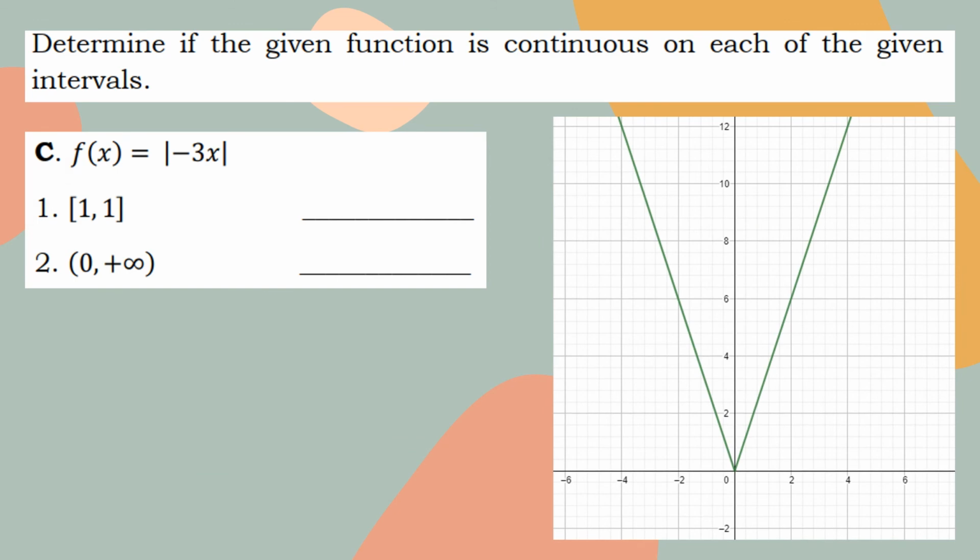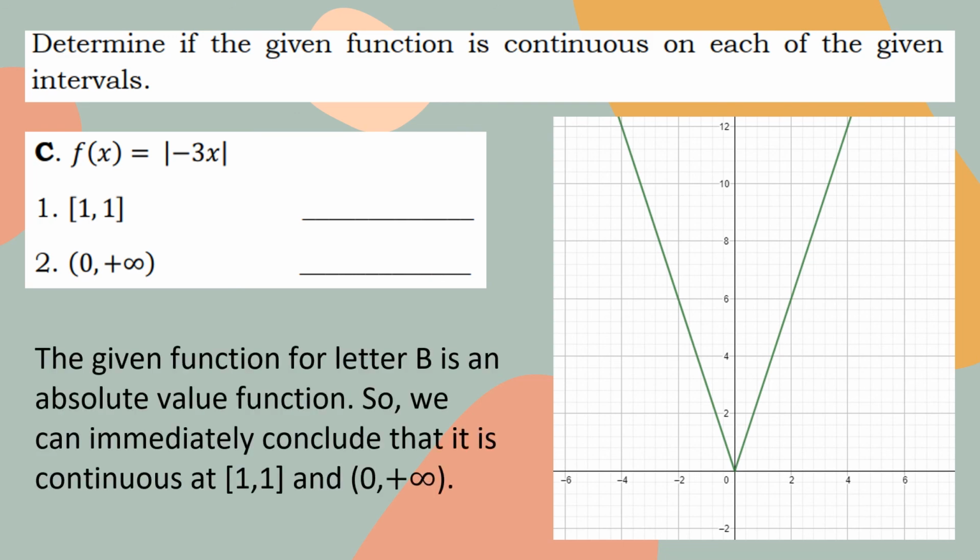Next, we also have the absolute value. Again, as I said earlier, all polynomial and absolute value functions are continuous everywhere. So we conclude that it is continuous on the given intervals, including 0 to positive infinity.